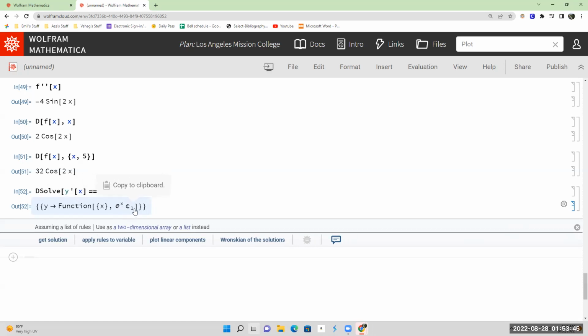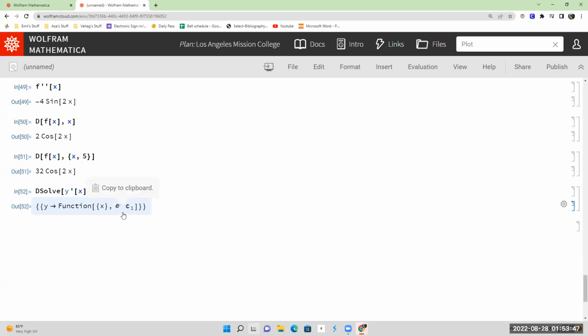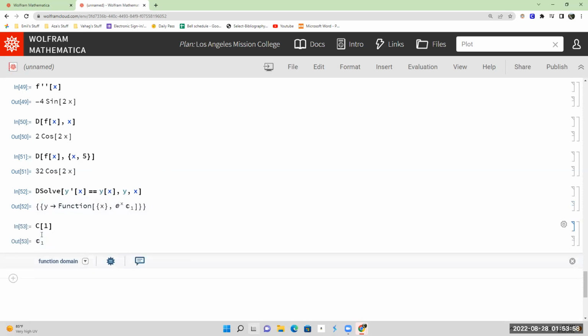That's what C1 is. This C1, by the way, is accessible like so, right? So that's how you would type this C1. It's actually technically a list stored in a constant called C. Okay, so if we wanted to plug in a specific constant here, we could.